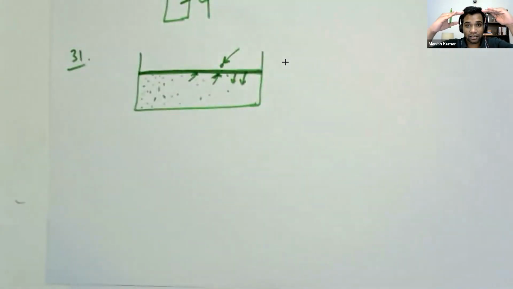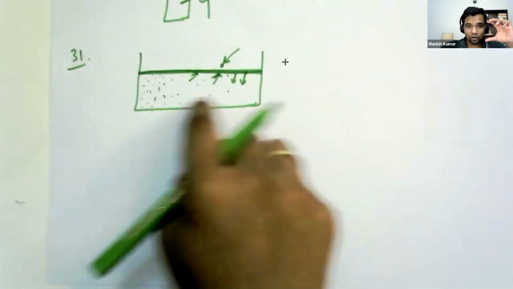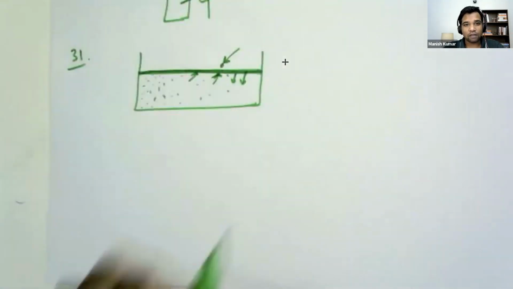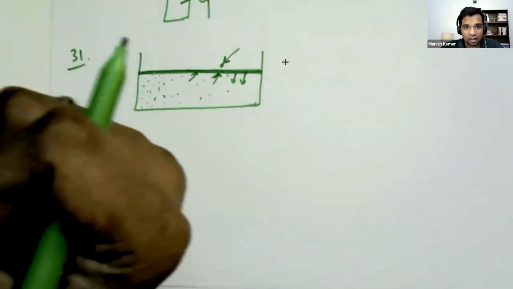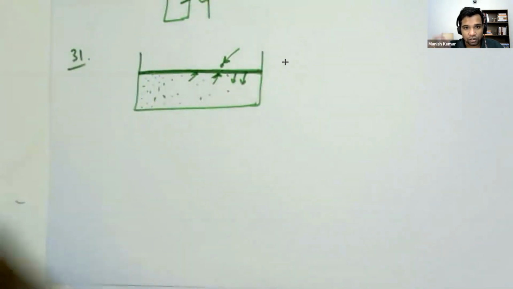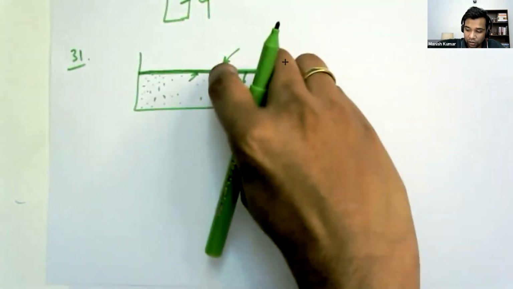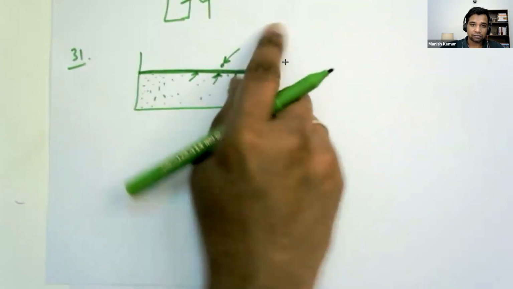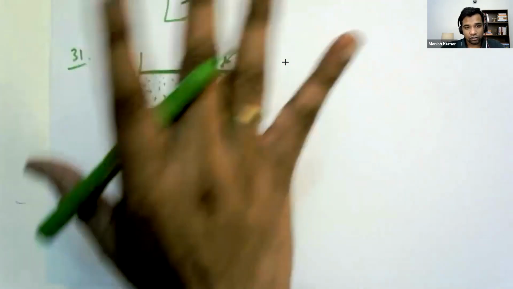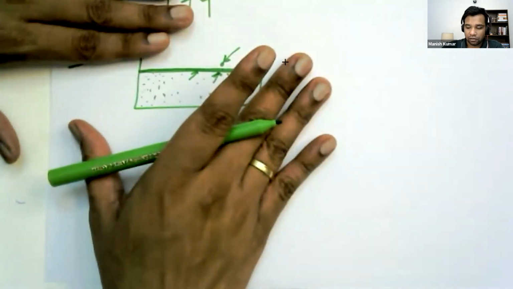Average kinetic energy keeps dropping, so the water becomes cooler. So evaporation causes cooling. You must have heard that. It happens because the molecules that are leaving are the molecules that have higher kinetic energy. So this is evaporation.